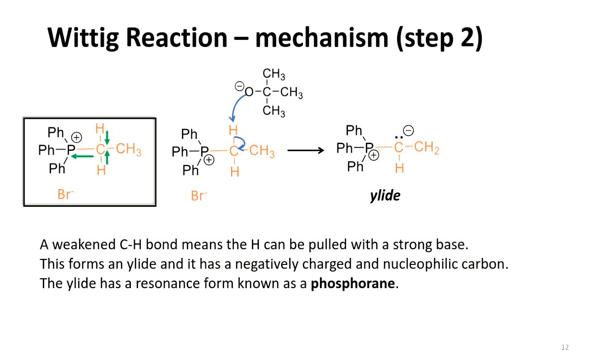We can depict the ylide showing the separation of charge, or you can show a double bond between the carbon and the phosphorus. So it has a resonance form, and this is known as a phosphorane. So this ylide will now become the reactive species, which reacts with our carbonyl in the Wittig reaction.